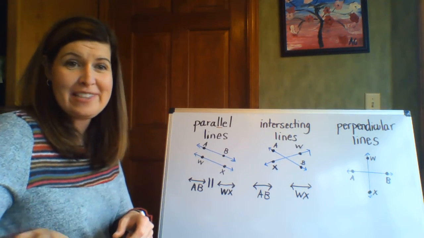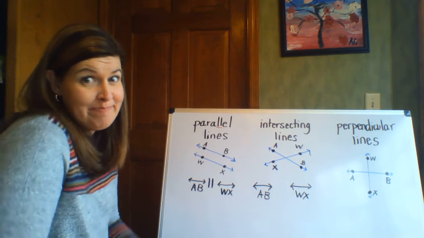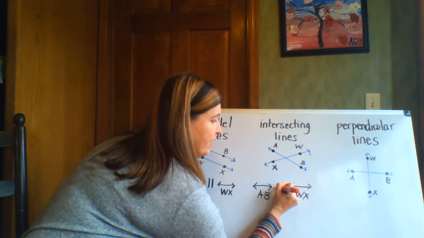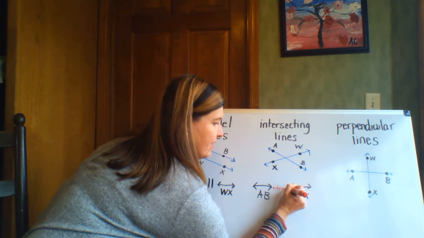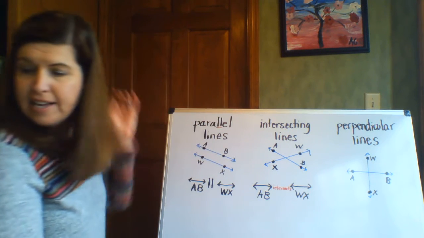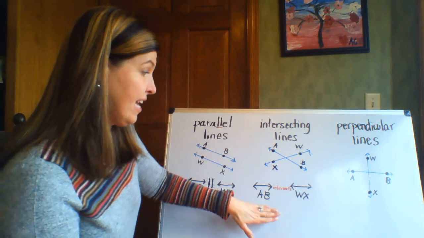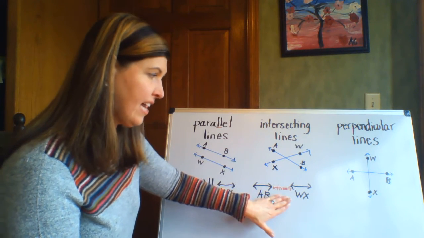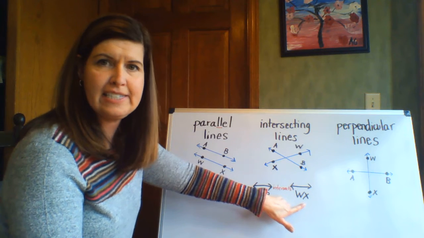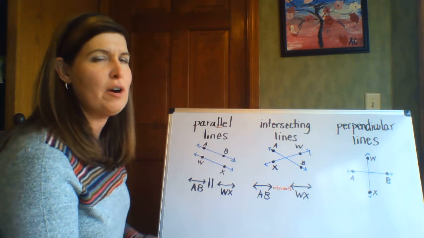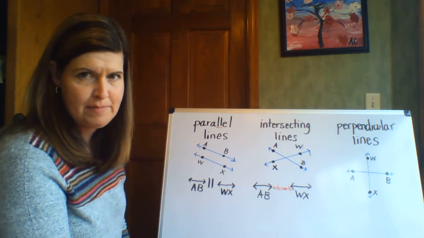So if I was going to write that, I would just write the word intersects. If I was going to read that out loud, it would say line AB intersects with line WX.